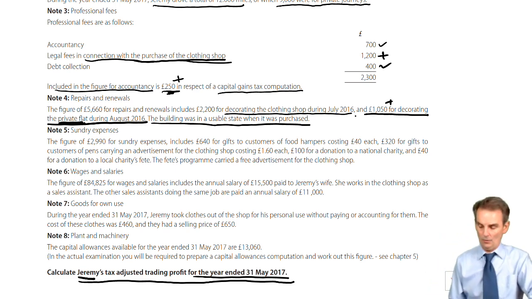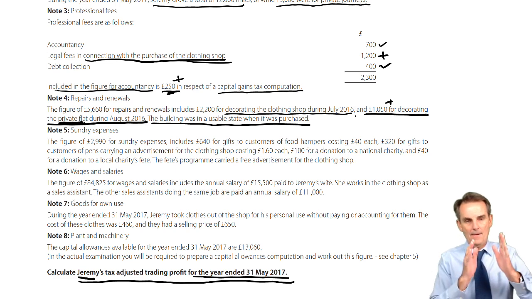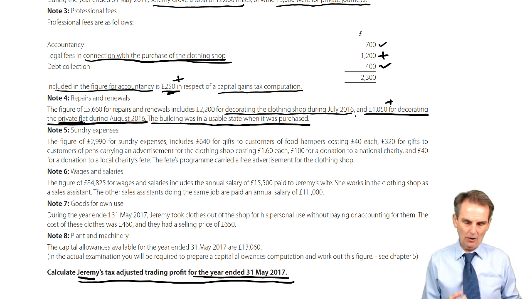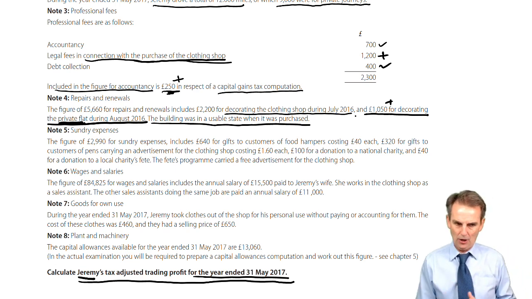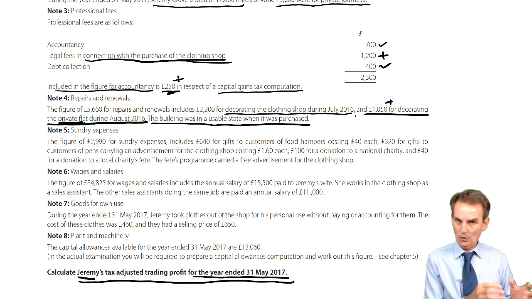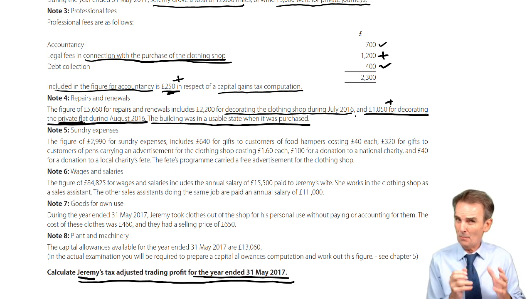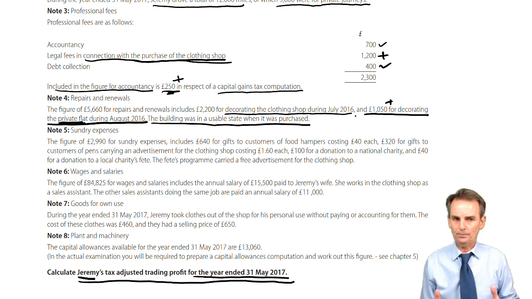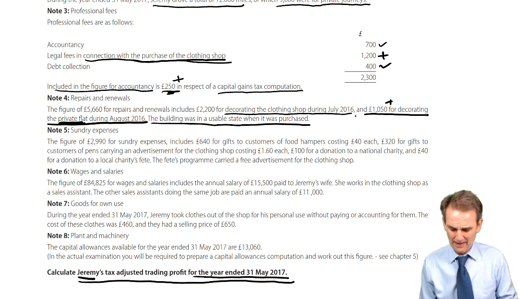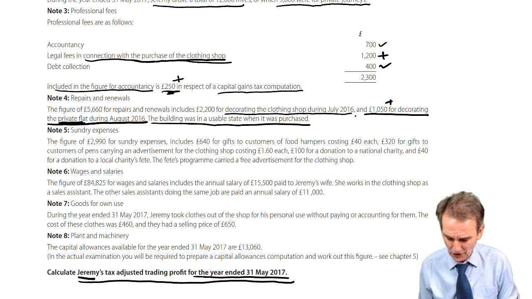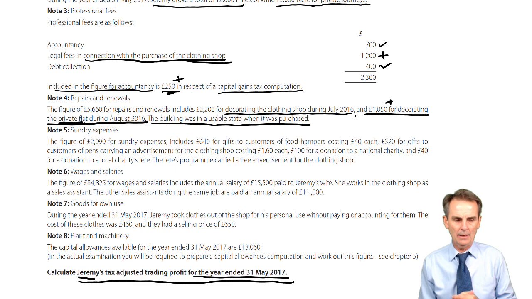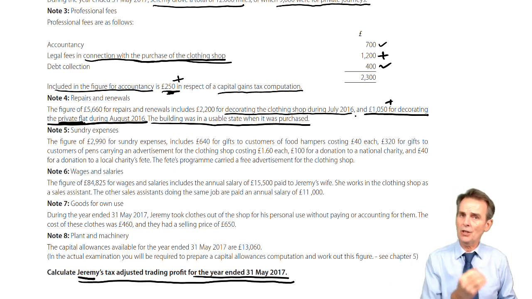Now, there is an issue that says if you buy an asset and you then carry out what looks like repairs maintenance expenditure, then as long as that asset was usable, might not have been much good, but it was usable, then the expense you then incur is allowable. But if you were ever told here that the building was not in a usable state prior to it being decorated, then the expense item is disallowed.